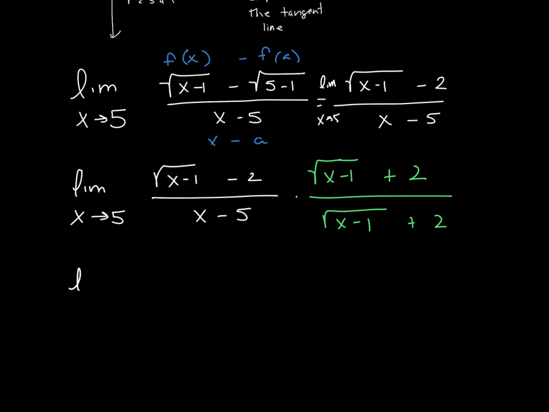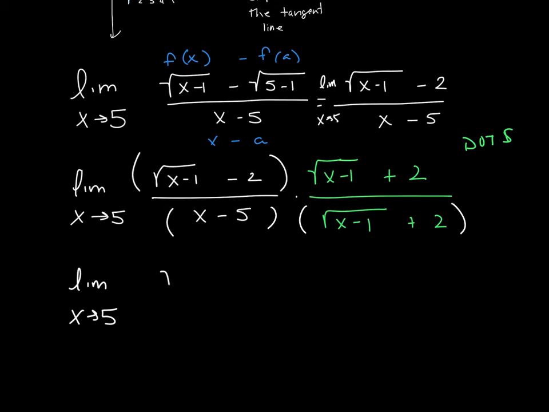When I multiply all of this out, the limit as x approaches 5, in the numerator, that's the difference of 2 squares. So in the numerator, you are foiling all of this out, both in the numerator and the denominator. I am going to do this one out.